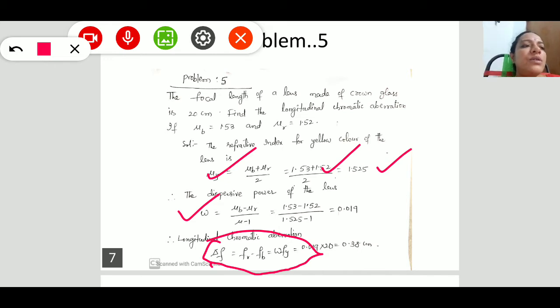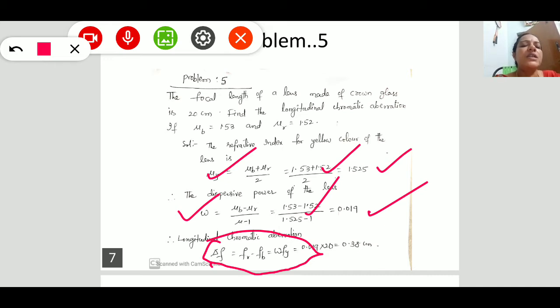Omega is equal to mu b minus mu r by mu minus 1. Substituting the values, 1.53 minus 1.52 by 1.525 minus 1, that is equal to 0.019.